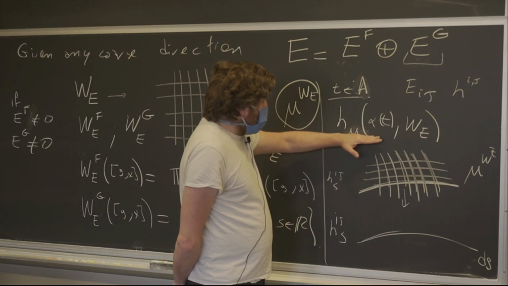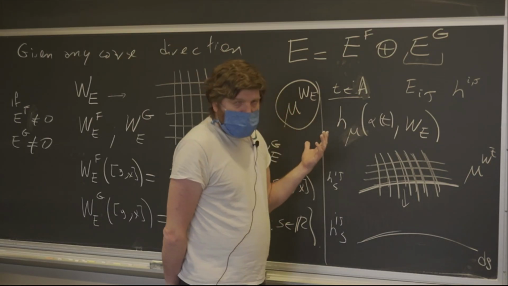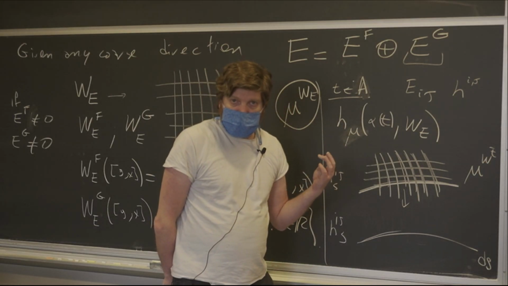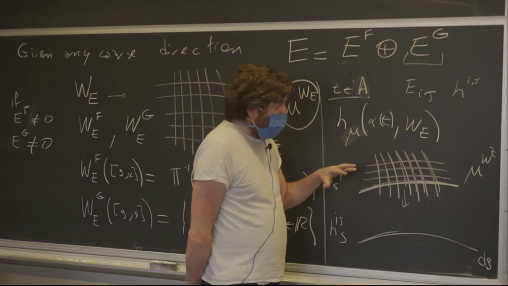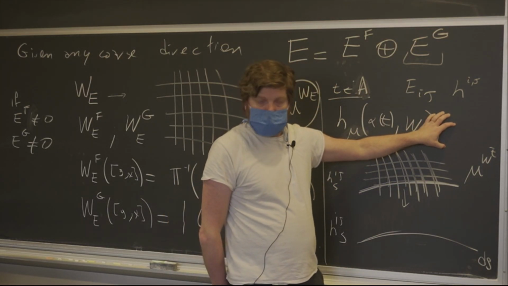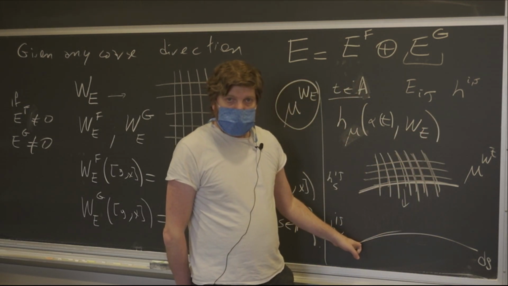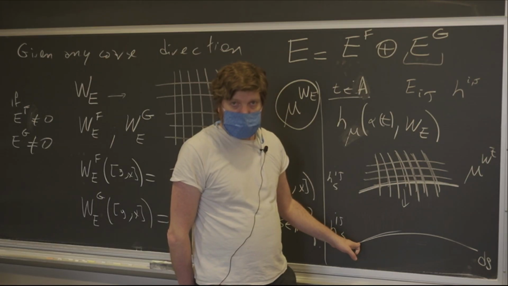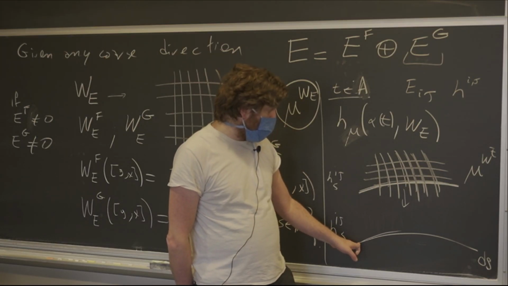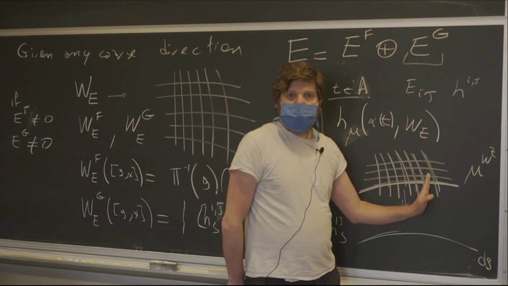Now, if I apply Abramov-Rokhlin type of theorem, I would have that this entropy should be the same as the contribution of entropy coming from here, which is chi ij, because that's how you get the contribution here, plus the contribution from the fibers.